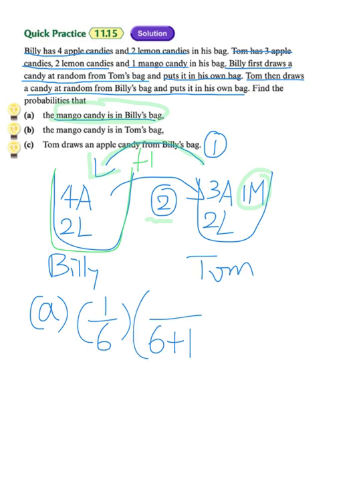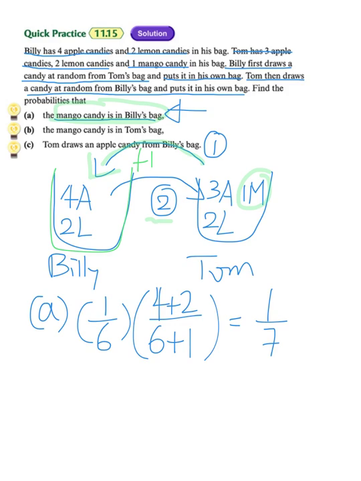In these 7 candies, in order to make sure that the mango candy is still in Billy's bag, Tom can only get a non-mango candy. Non-mango candy means you can pick up the 4 apple or the 2 lemon. So the probability will become 1 over 7.